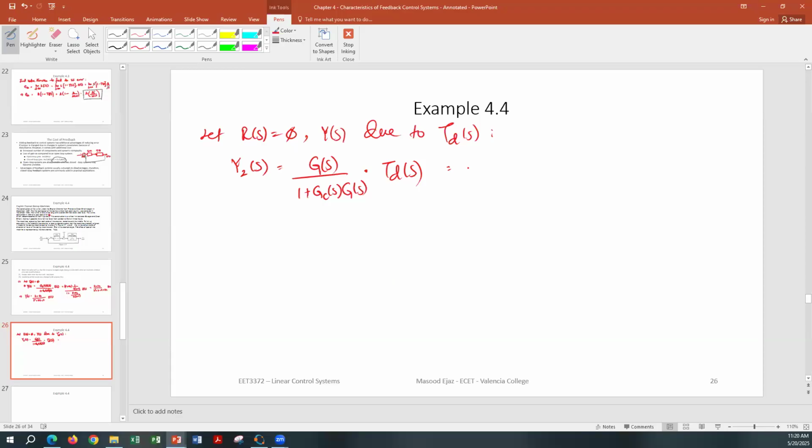So we just did that. That's why I'm not doing the derivation again. I just use the result from our 4.2 example.